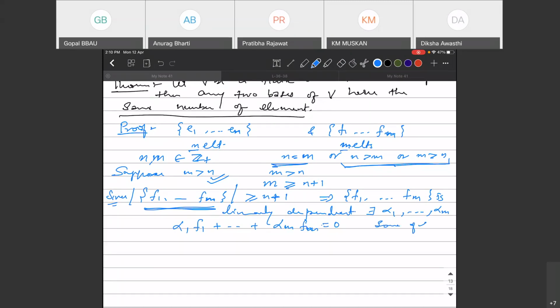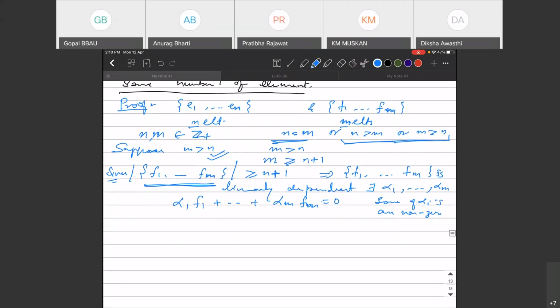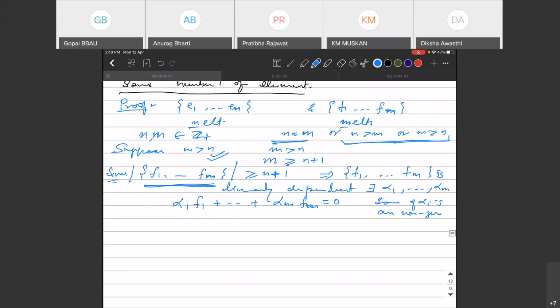Correct? Some of the alpha i's are non-zero. Okay, but you know that f1, f2, ..., fm is a basis. So you can write 0·f1 + ... + 0·fm = 0.